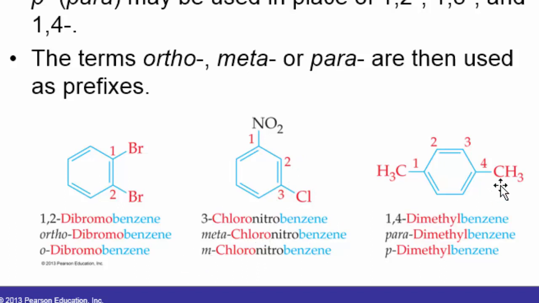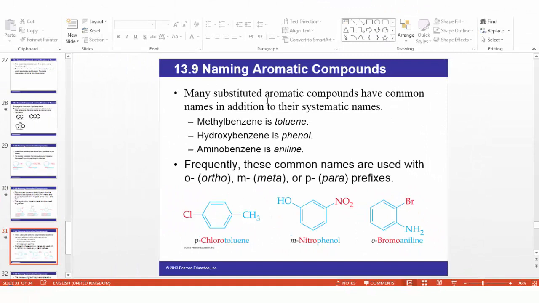Now, if the two substituents are opposite to each other, this is a para position. So 1,4-dimethylbenzene becomes para-dimethylbenzene or p-dimethylbenzene.